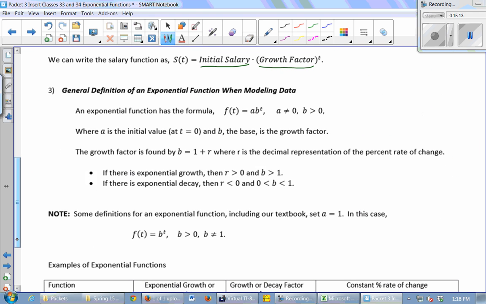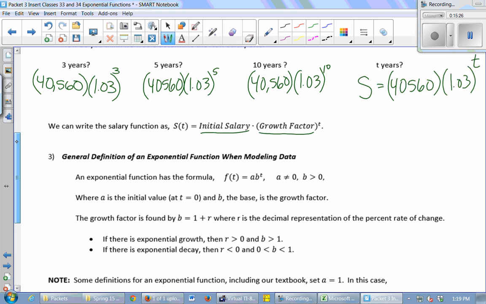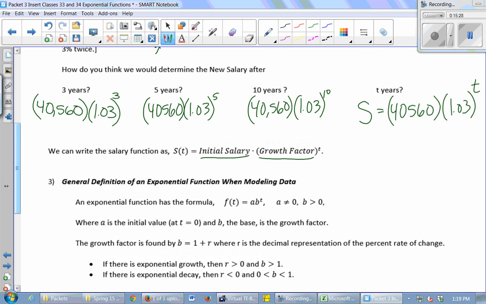All right, so the general definition of an exponential function when you're modeling data looks like a times b to the t. And before I move on, one quick thing. Could I simplify this to say s equals $41,777 to the t?